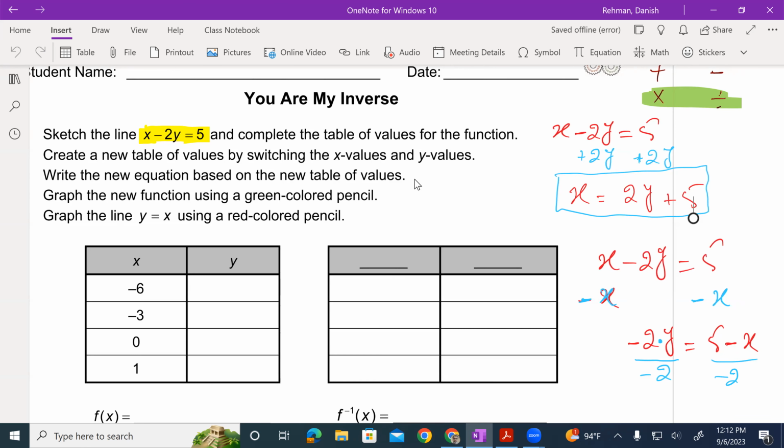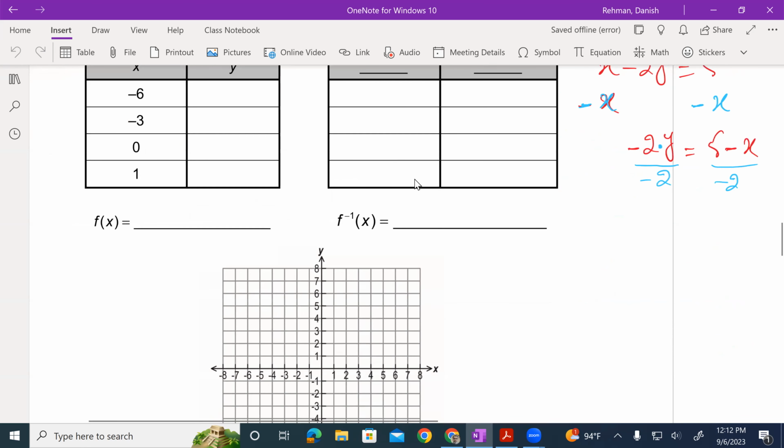And what did I get? I will get y equals 5 over 2 with a negative sign. I'm distributing the division on both the numbers. So negative 5 by 2 plus x by 2. Make sense? What do you think?